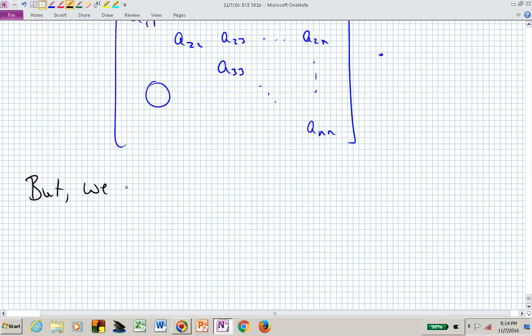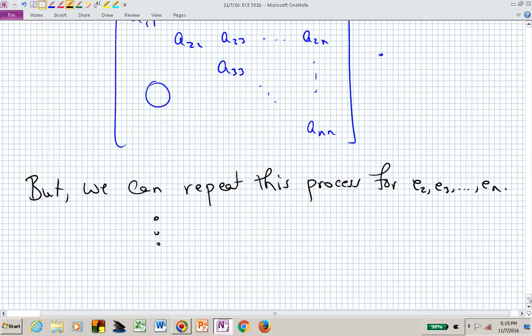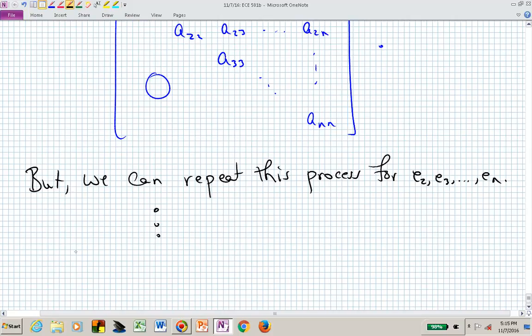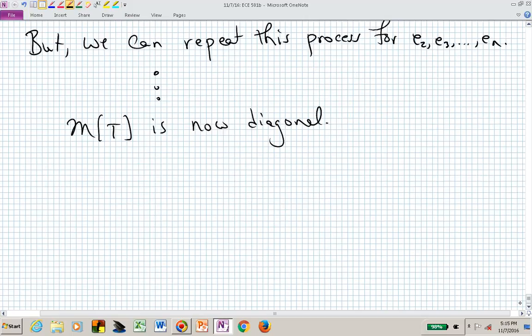But we can repeat this process for the other orthonormal vectors E2 through E sub n, which now allows us to say that the matrix representation of T is now diagonal. And that's what we were wanting to show.